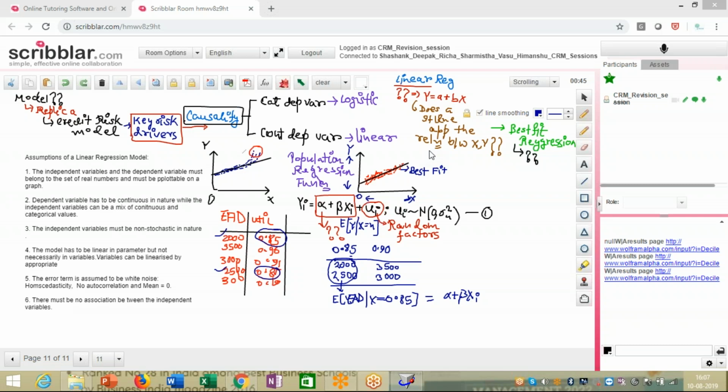Okay, fine. So over here, this alpha and beta in the population regression function is not known to us. So alpha and beta are unknown, and that is why we need to predict them.